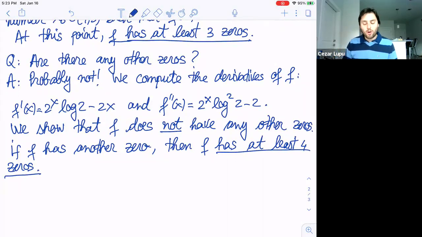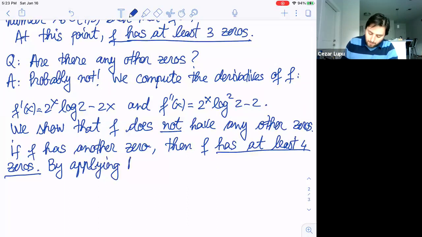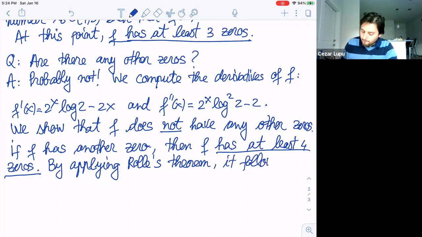So by applying Rolle's theorem, you remember we did that in the Putnam B1 2016, we said that between any two zeros of the function there is a zero of the derivative, and so on, and we keep going with this. We call this the Rolle sequence. But anyway, by applying Rolle's theorem, it follows that f prime has at least 3 zeros.